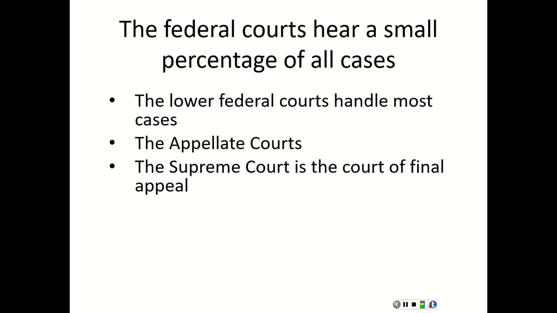If the prosecuting attorney, the state agency, loses, they cannot appeal. That's double jeopardy. That's something we'll talk about in the next chapter. But they appeal up to the appellate court. If you lose at the appellate court, you can appeal again to the Supreme Court. The Supreme Court is the court of final appeal.